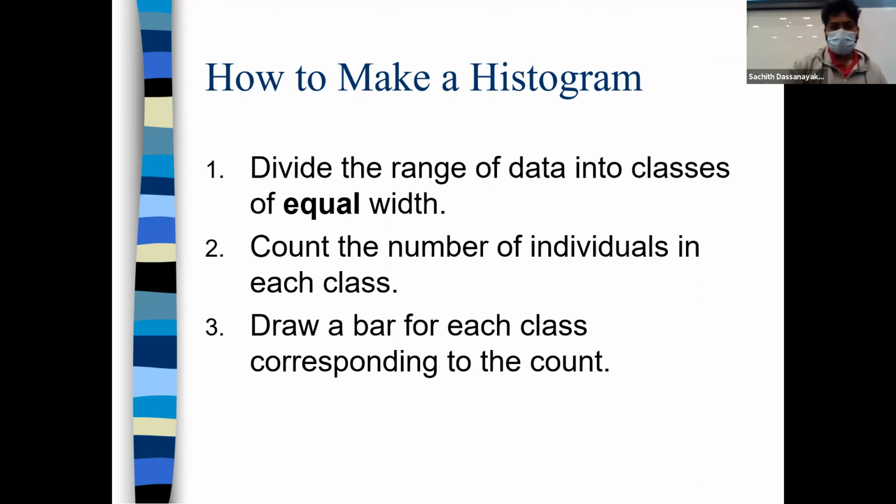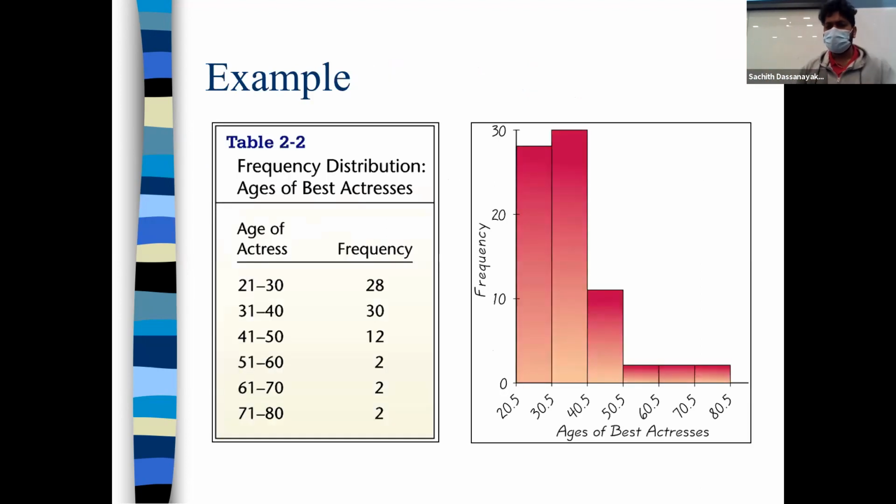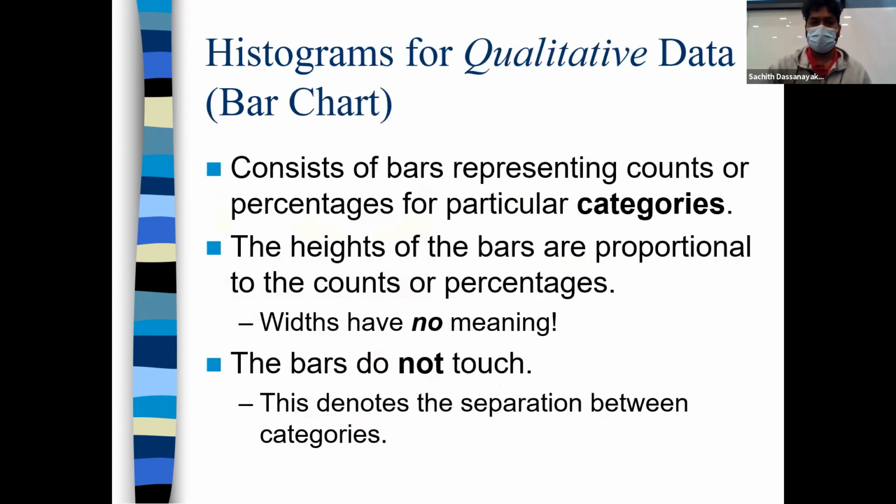That's the proper way to draw a histogram. In this picture, the bars are connected, height shows the frequency, and the axes are named. Color doesn't matter. So this is how we draw a histogram for quantitative data.